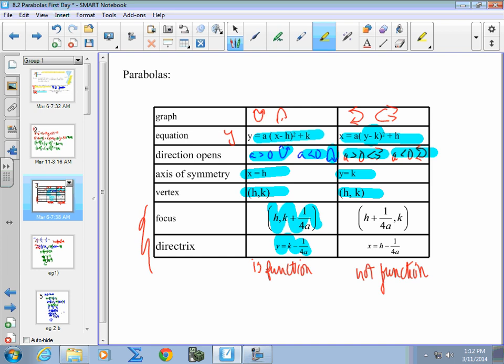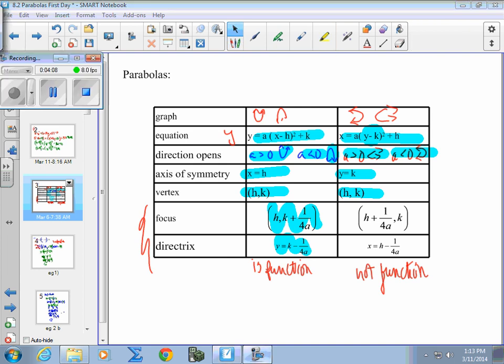These are not functions. Parabolas that face up or down are functions, and parabolas that face left or right are not.